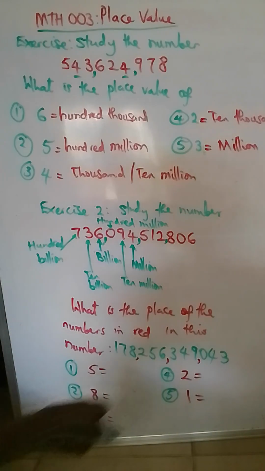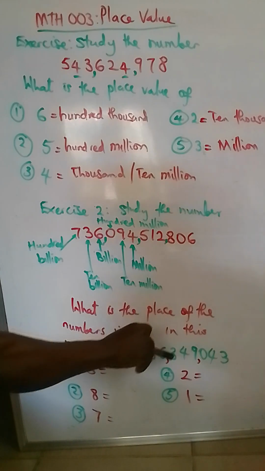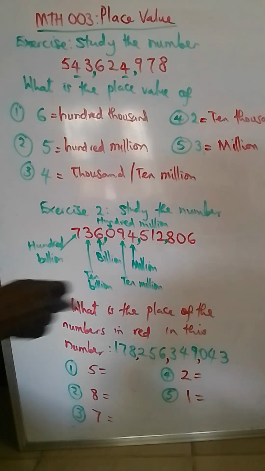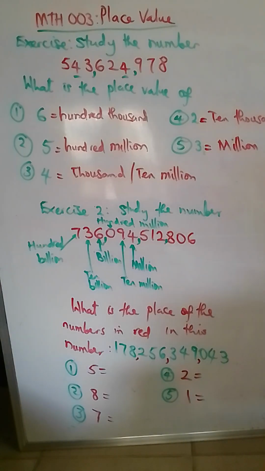9 occupies the place of 1,000. 4 the place of 10,000. 5 the place of 100,000. 6, you need to know, check the example. That is the 7th number. The 7th number from your right occupies the place of what? Check it from the example I gave you.